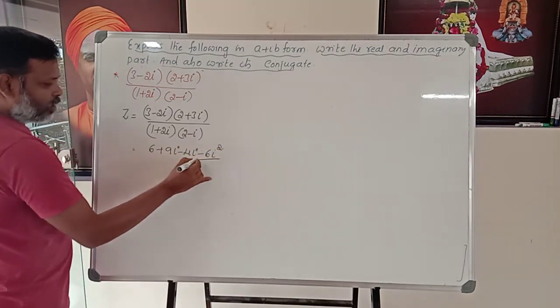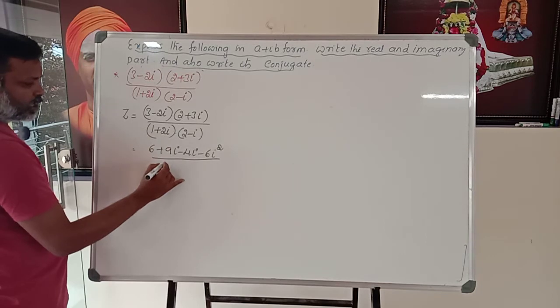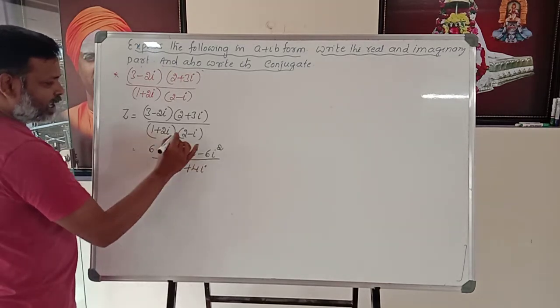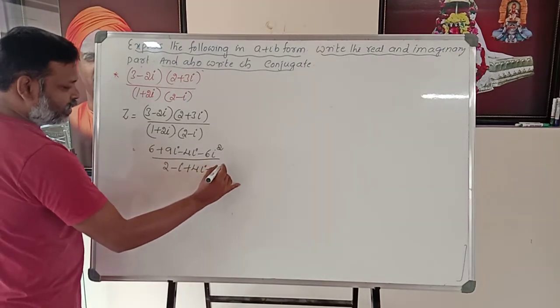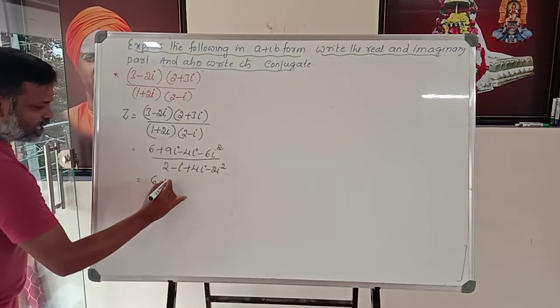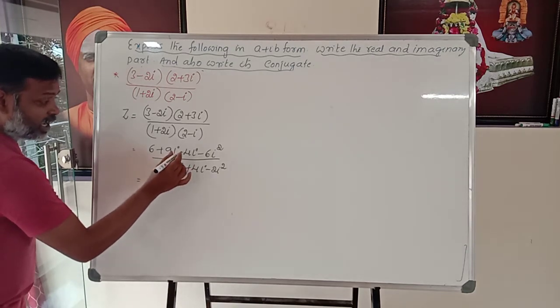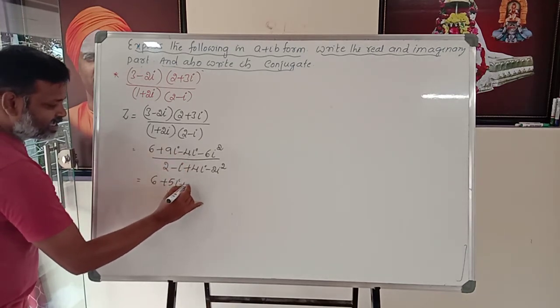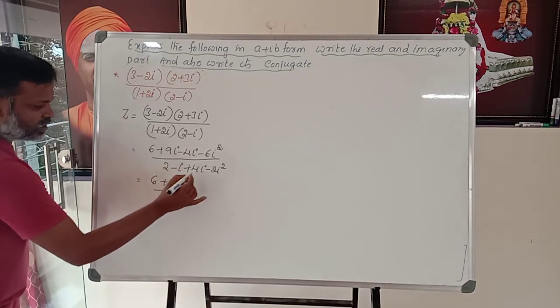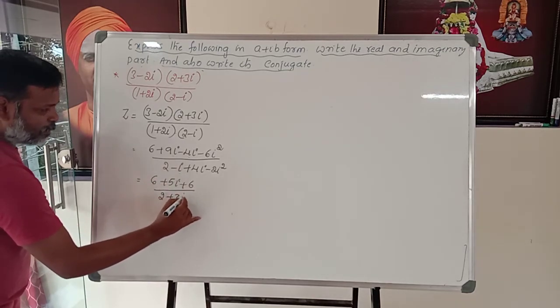All divided by: 1 two is 2, minus i, plus 4i, 2i into minus i is minus 2i square. Multiplied. That is equal to 6 plus 5i plus 6, whole divided by 2 minus i plus 4i, which is 3i, plus 2.